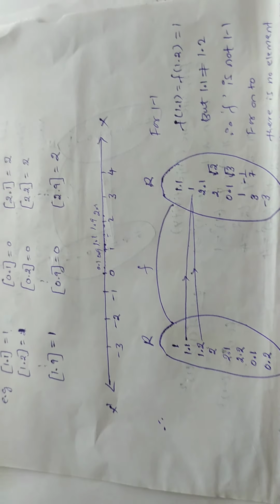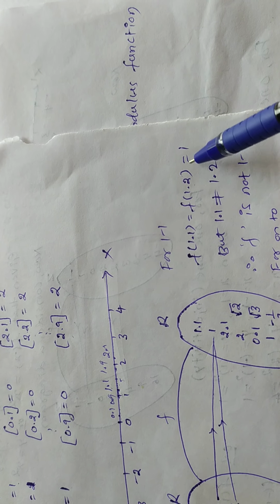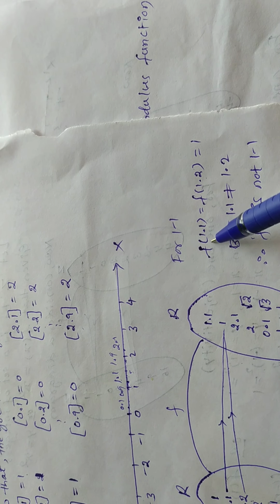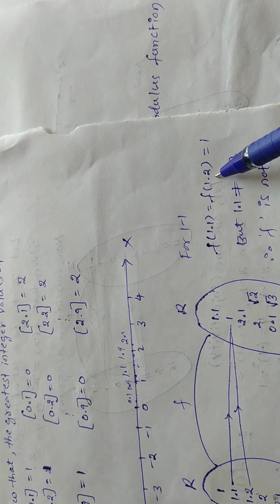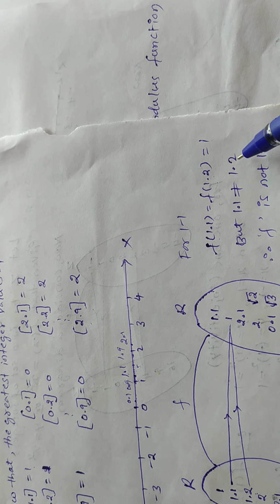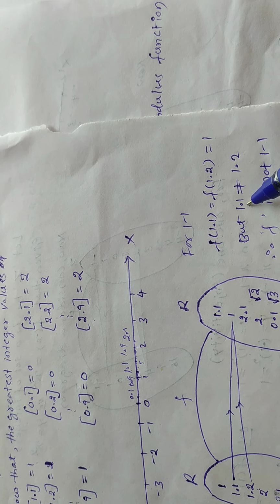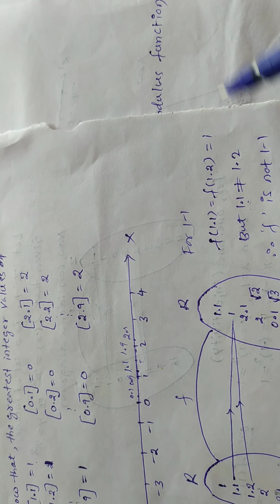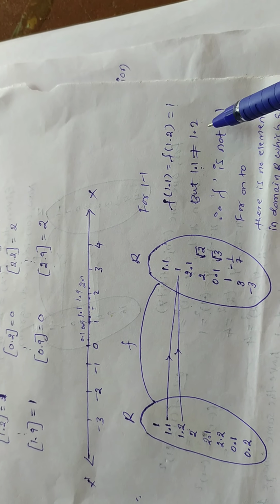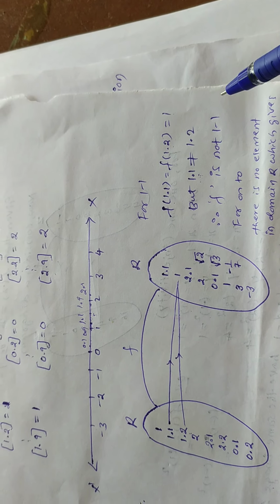Hence we can write f of 1.1 equals f of 1.2 equals 1. But 1.1 is not equal to 1.2, because these are different elements. Since they are different elements, x1 is not equal to x2. Therefore, f is not one-one.